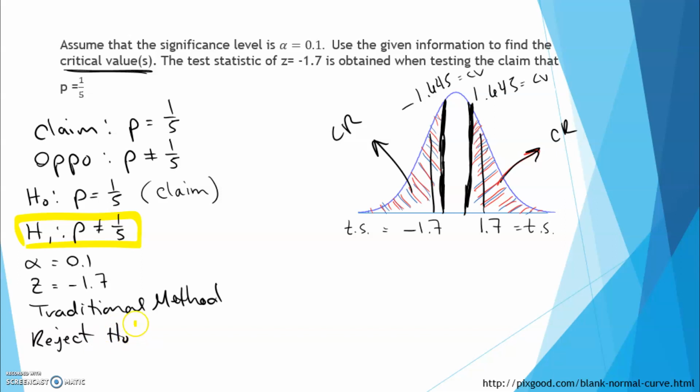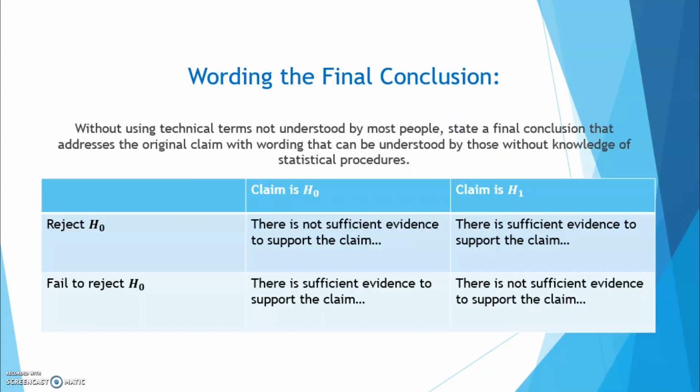Okay, well, I'm rejecting H sub 0, and the claim is H sub 0, which means I'm really rejecting the claim. Or you could come down here and say, okay, I'm rejecting H sub 0. The claim is H sub 0.